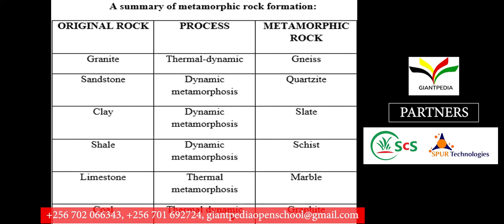So non-foliated metamorphic rocks such as hornfels, marble, quartzite, and novaculite do not have a layered or banded appearance. So we'll say that metamorphic rocks may be foliated or non-foliated. Foliated ones include gneiss, phyllite, schist, and slate.